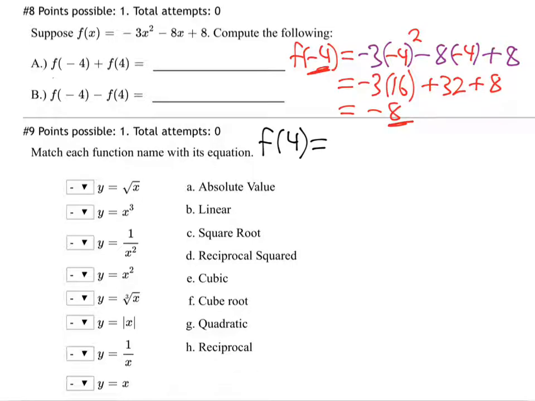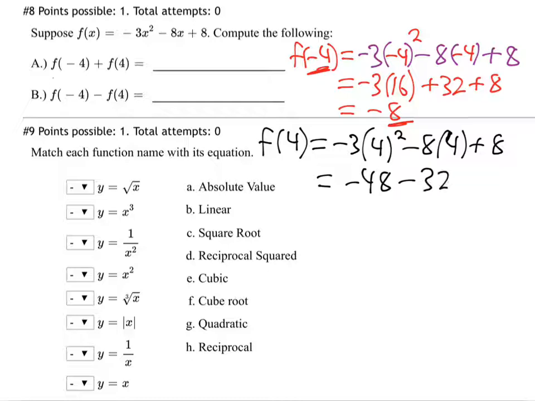So we get -3 times regular 4 squared. So what is that? -48 minus, this would be a big negative number, huh? Minus 80, is it -72? Yes. So there's our first answer, there's our second answer.